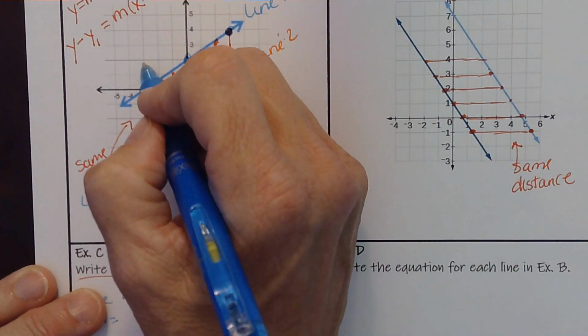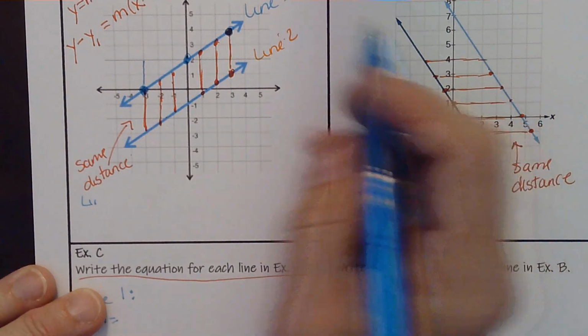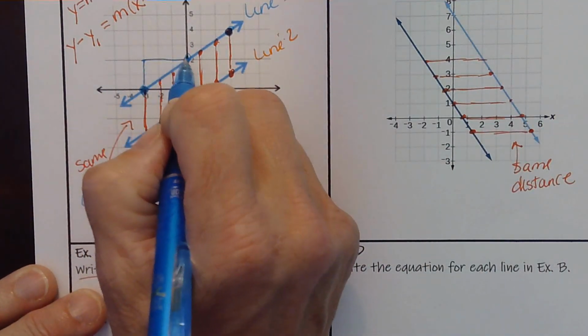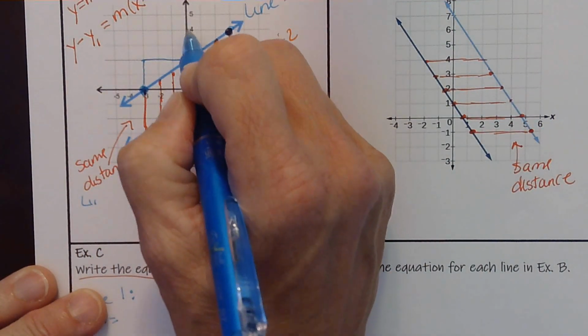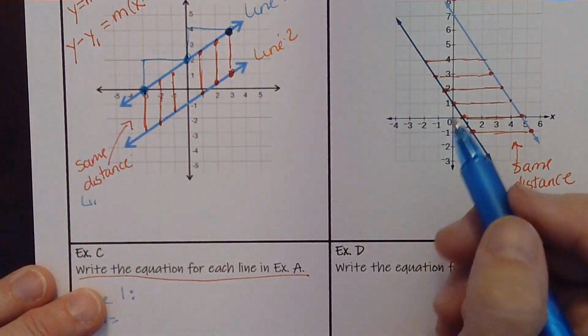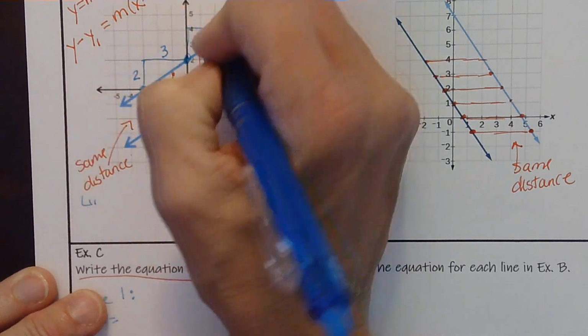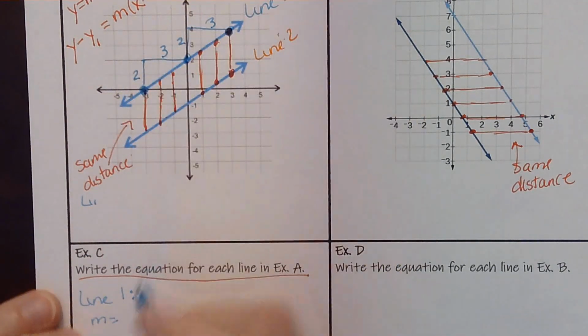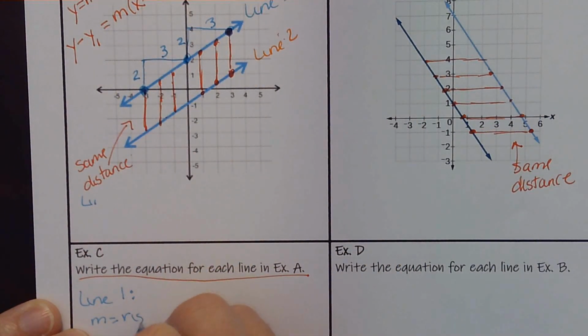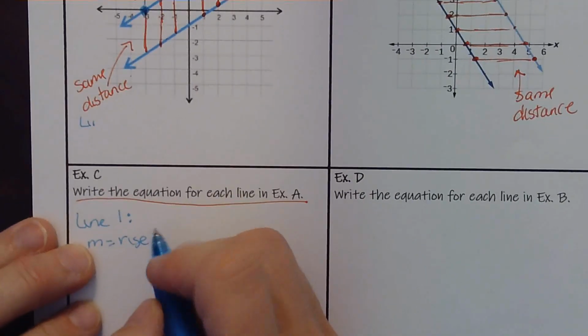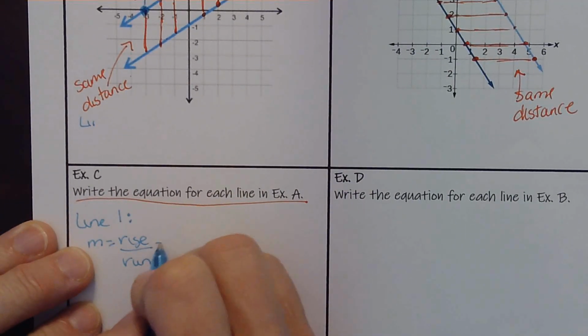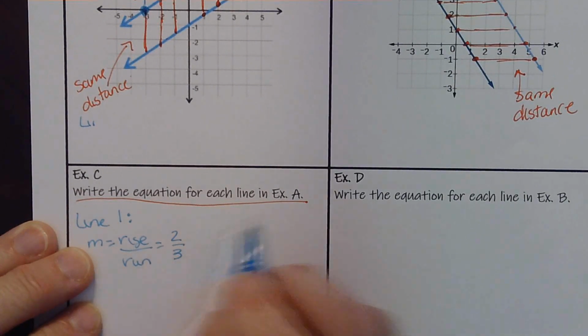So I'm going to go up 2, right 3. I'm going to rise 2, run 3. Slope being rise over run, I'm going to get a slope of 2/3.